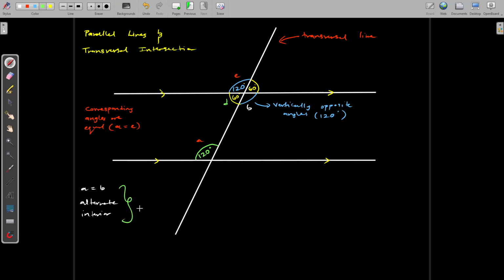So this is the Z angle. Okay, sir. So the other property is co-interior. This one and this one, co-interior. And what do we know about co-interior angles? They add up to 180. So they are co-interior.